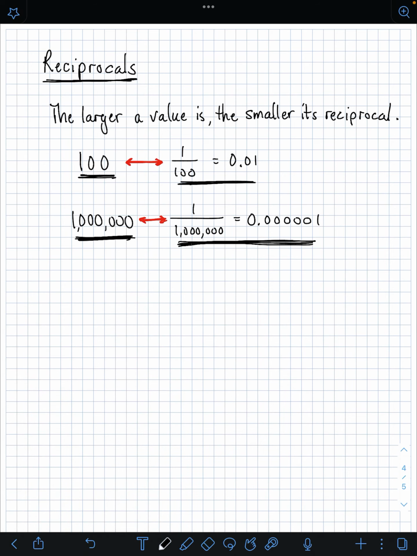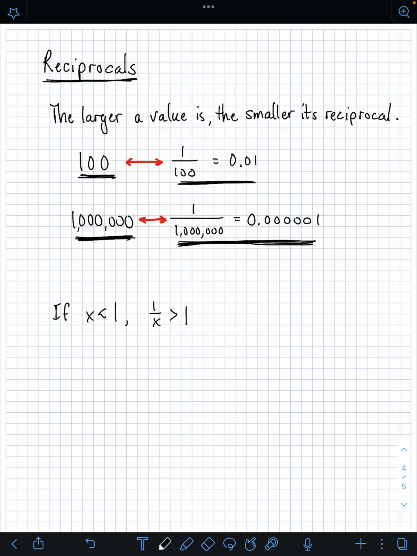The other important part of this is that any value smaller than 1, its reciprocal will be bigger than 1. If any value is smaller than 1, then its reciprocal is bigger than 1. Look at it this way. If something is smaller than 1, then its value is a fraction.